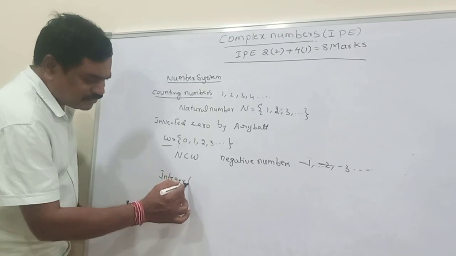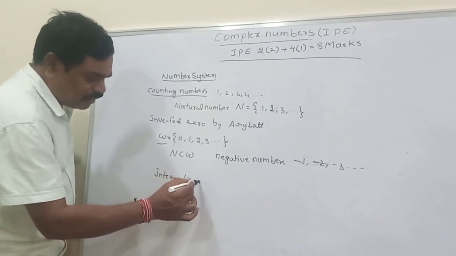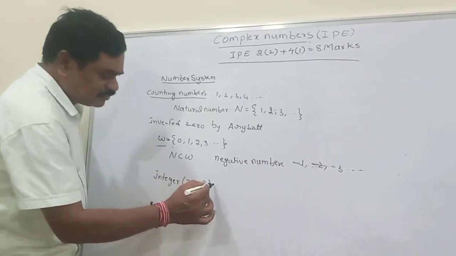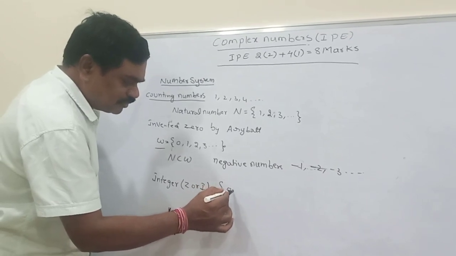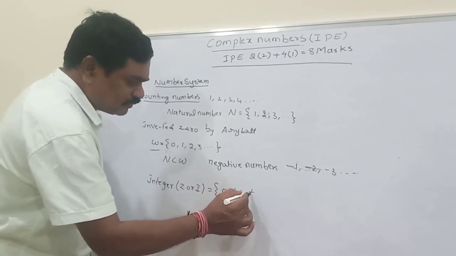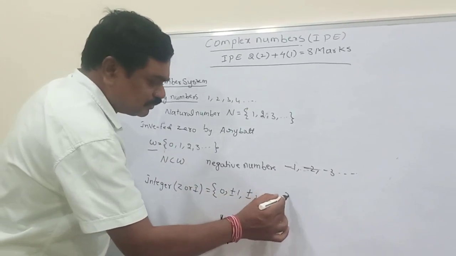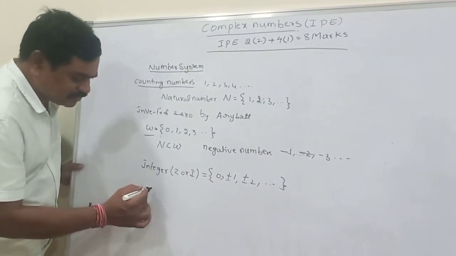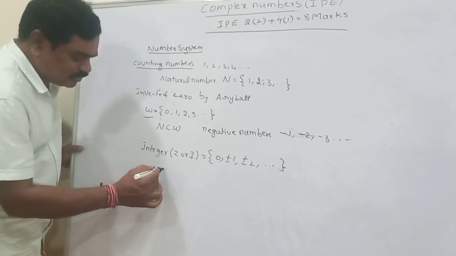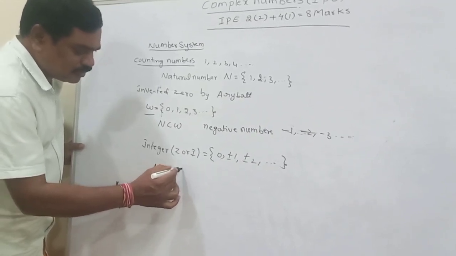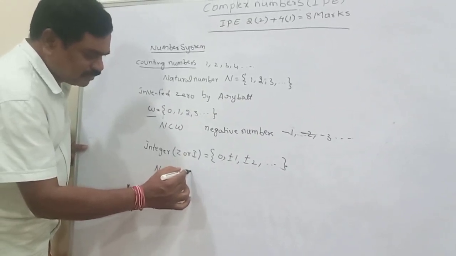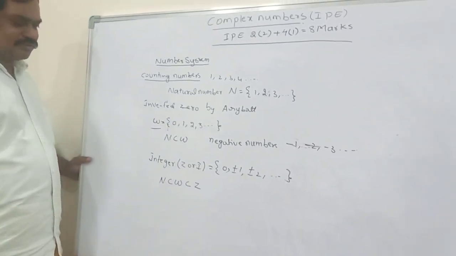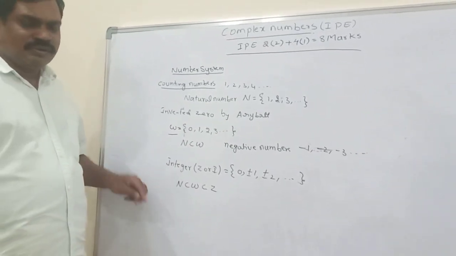Integers are denoted by Z or I, which is 0, plus or minus 1, plus or minus 2 and so on. So we write natural numbers are a subset of whole numbers, which are a subset of integers.